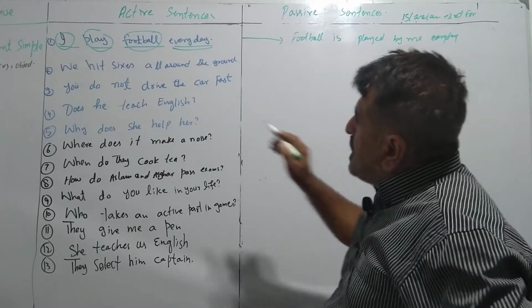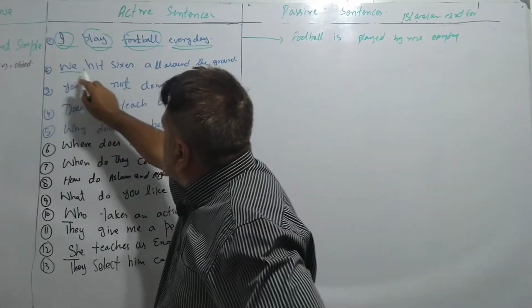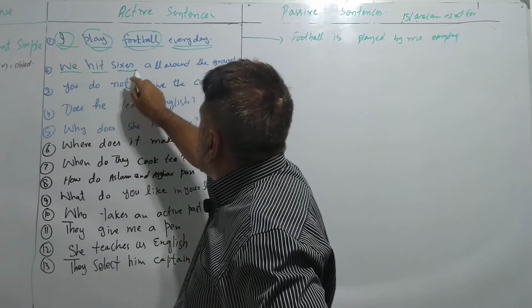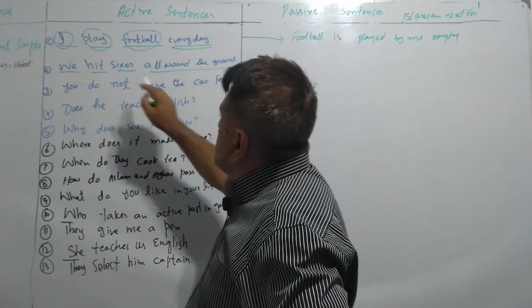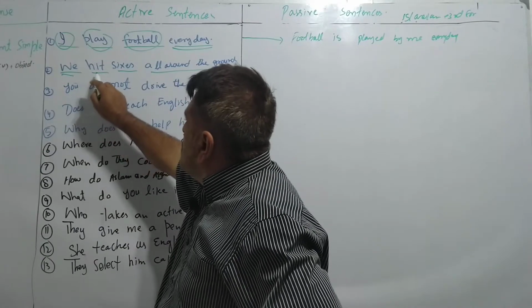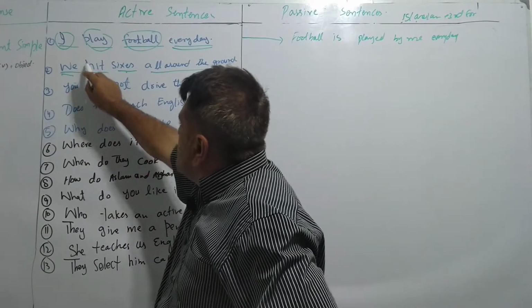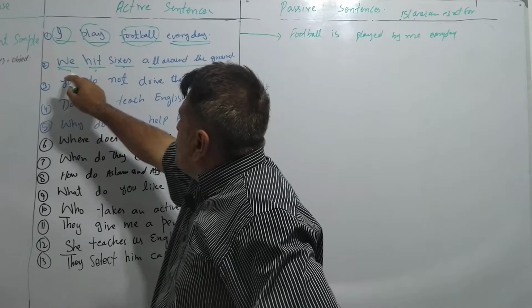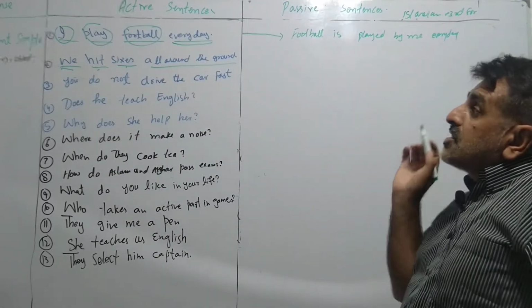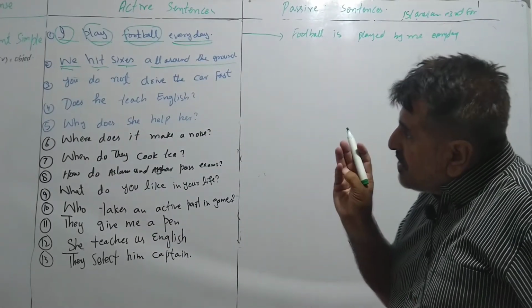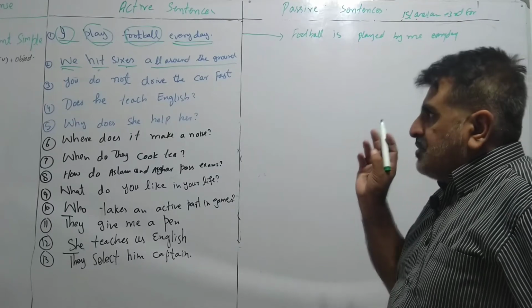In the next sentence, you have subject, verb, and object. This is the adverb. You need three things: subject, verb, and object. The verb is in present tense. So first try to understand subject, verb, and object.